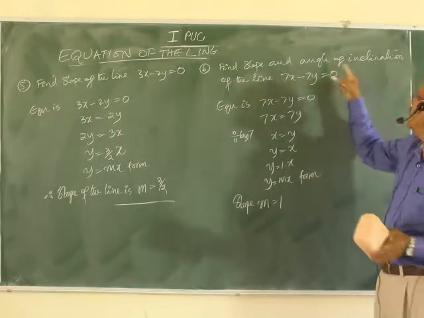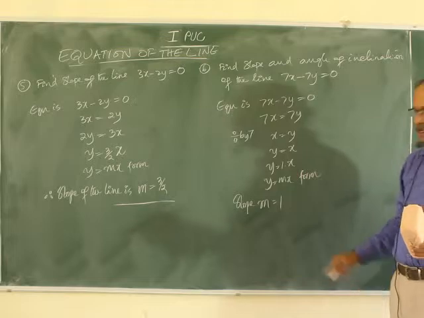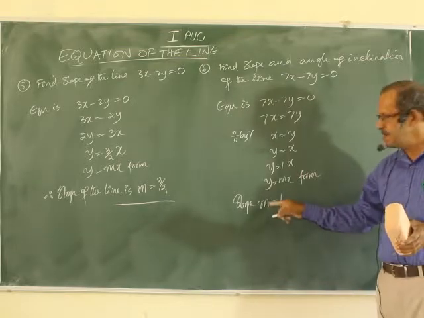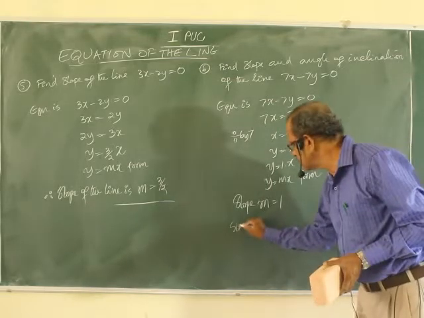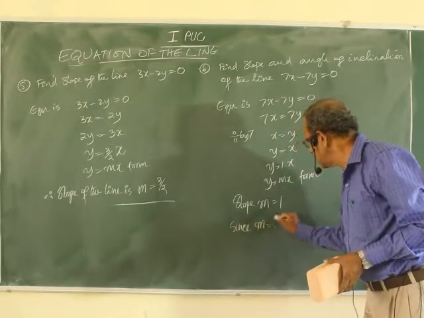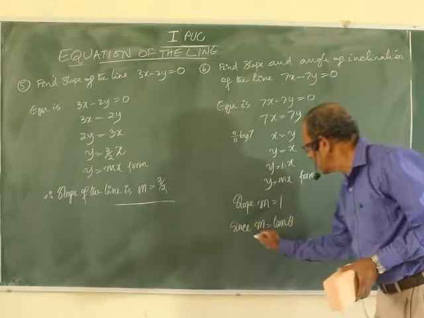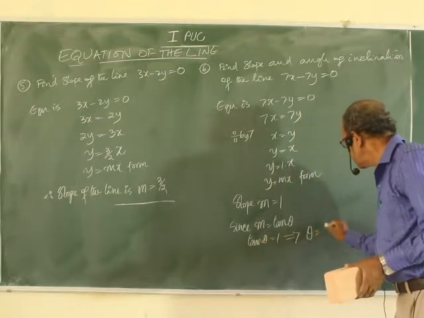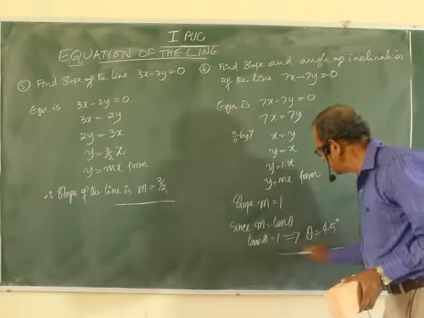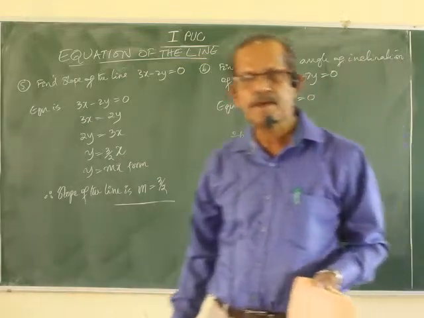Slope and angle of inclination. Slope means what? Tan theta. No? If tan theta is 1, what about theta? We can write, since m is tan theta equal to 1 implies theta equal to 45 degree. Angle of inclination is also obtained.